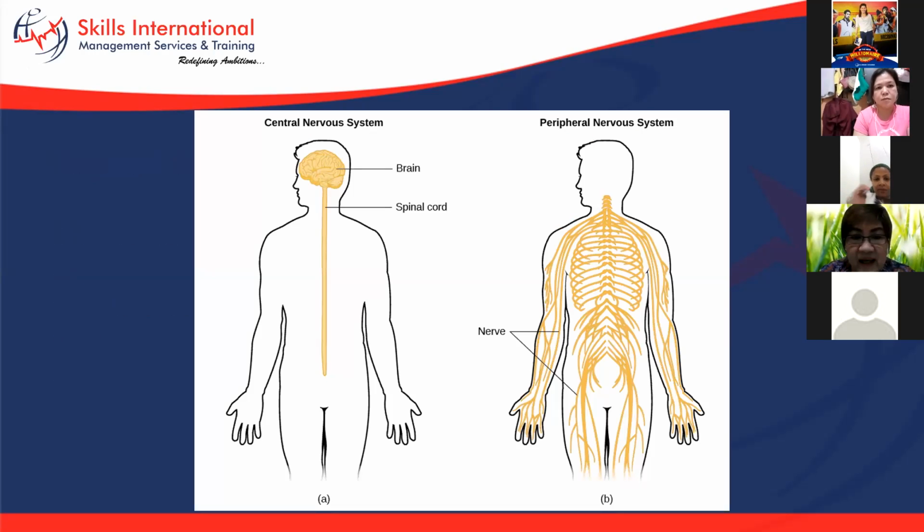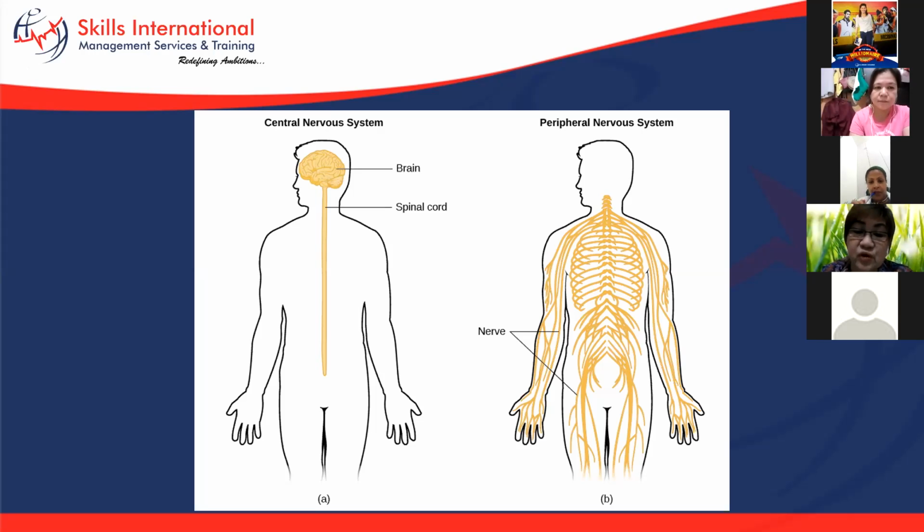If you can see the photo here, to the left is the central nervous system. How is the structure of the nervous system, the brain and the spinal cord within our body? You could imagine your head, the skull, containing the brain, and down below it is connected to our spinal column or spinal cord.